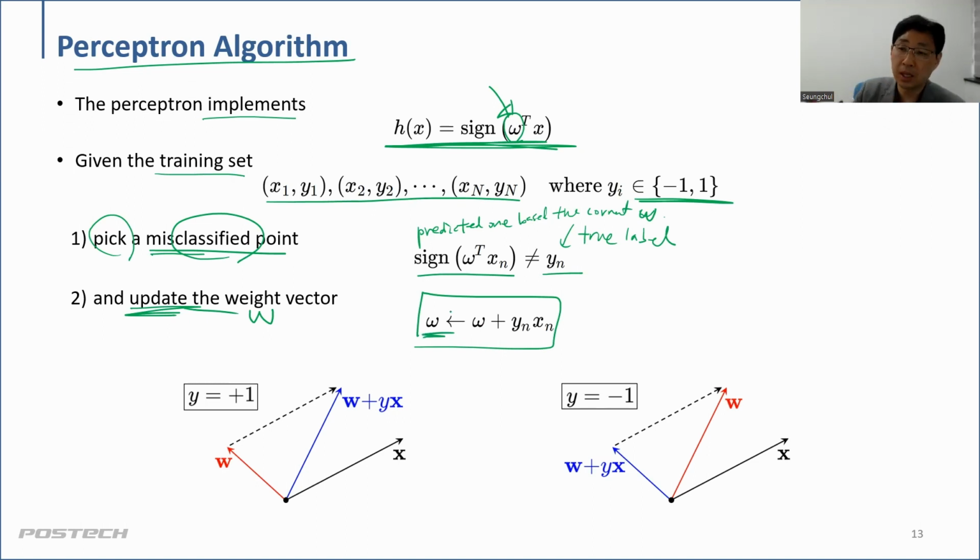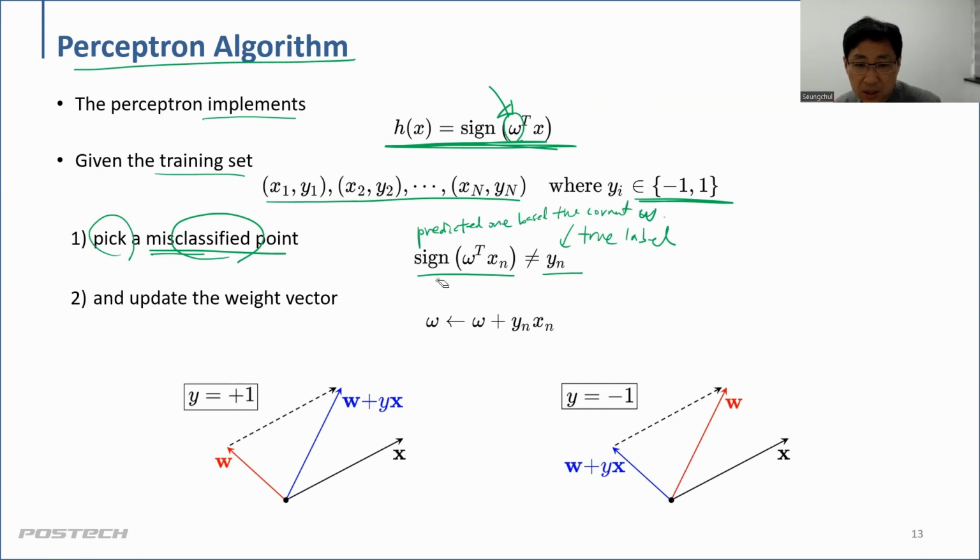Then if you repeat that process, eventually you will get a good value of omegas. That's what perceptron says. Interesting, right? And let's see why this is going to work.